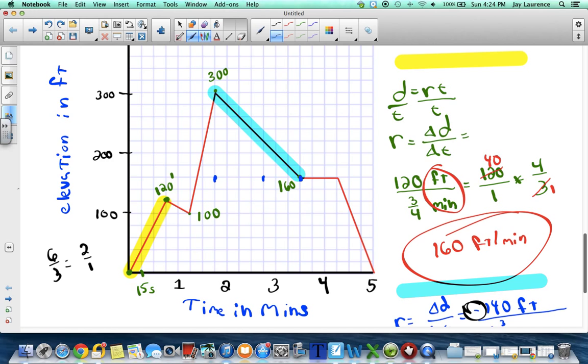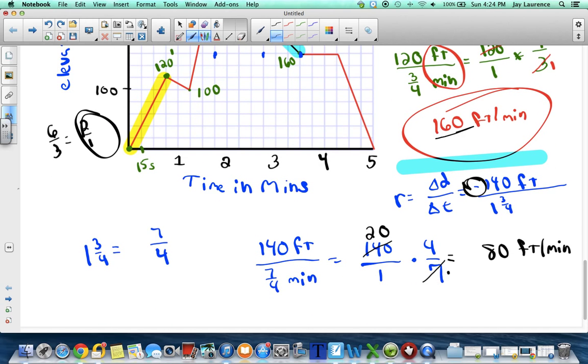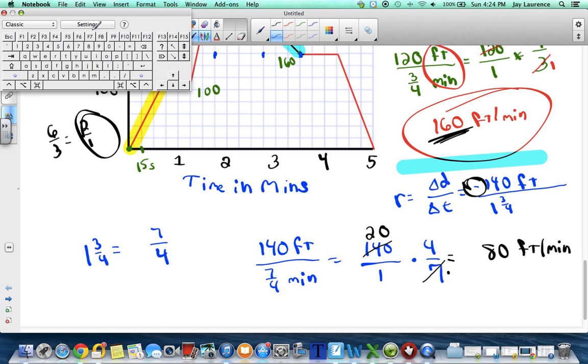It's going down 7 over 7, or 1 when simplified, right? So this one is climbing up twice as fast, isn't it? Now look, isn't 80 times 2 160? So the yellow one is twice as fast. So you see, it makes sense on so many different levels.